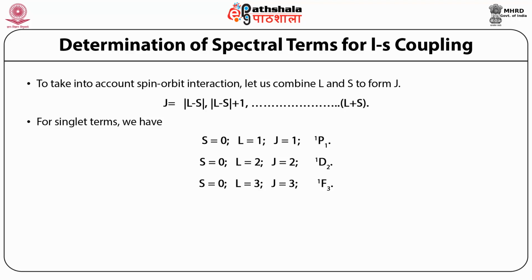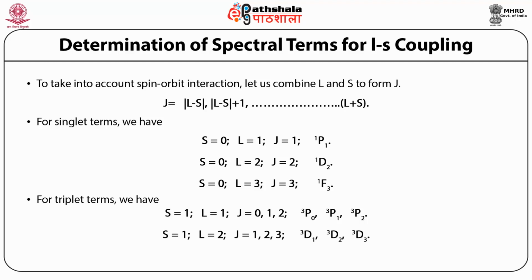Now coming to triplet terms, we have S equal to 1, L equal to 1, J equal to 0, 1, 2, which gives us 3P0, 3P1, 3P2. S equal to 1, L equal to 2, J equal to 1, 2, 3, we get 3D1, 3D2, 3D3.